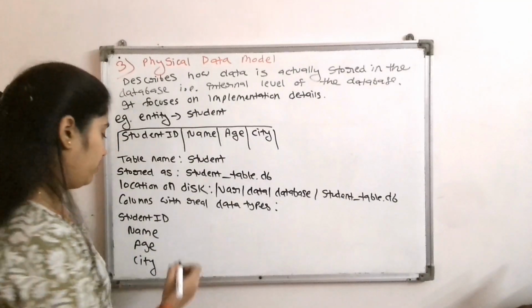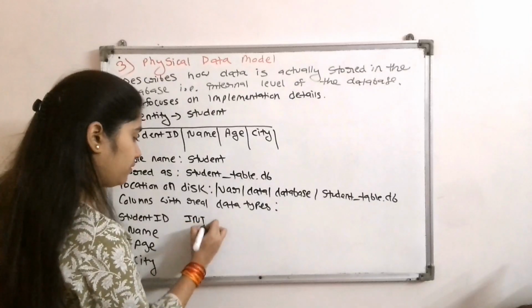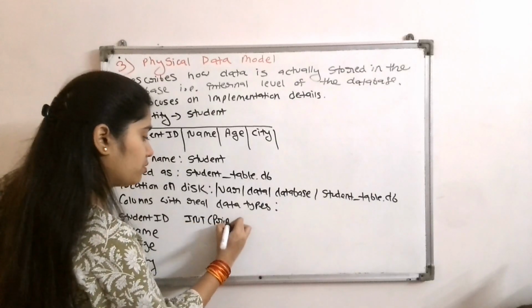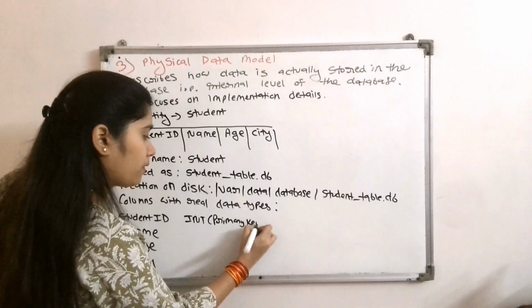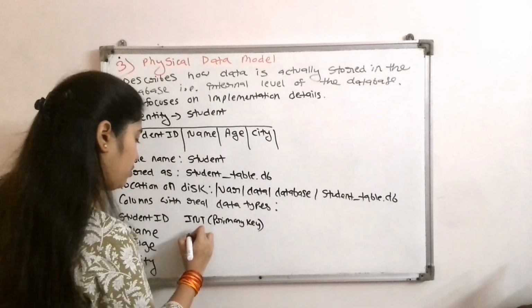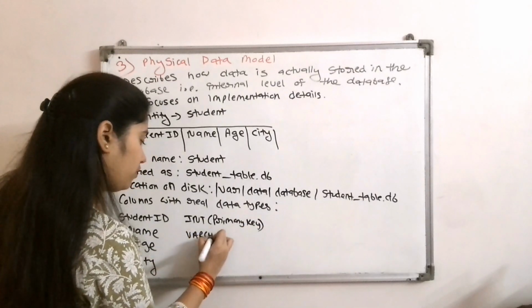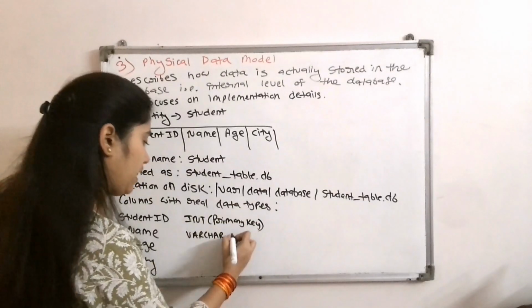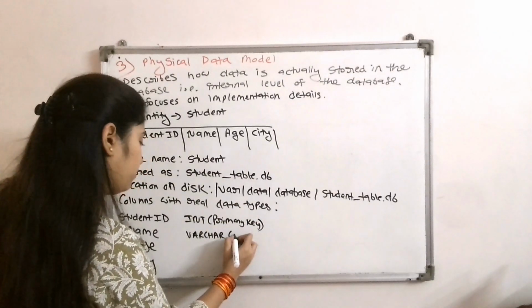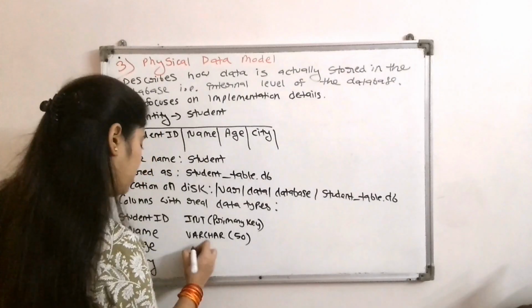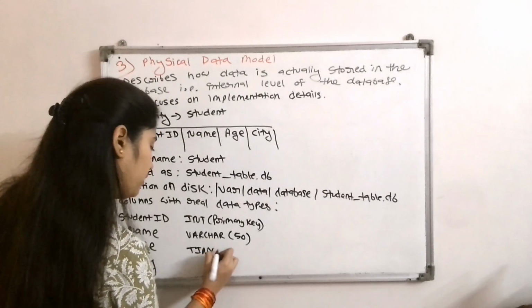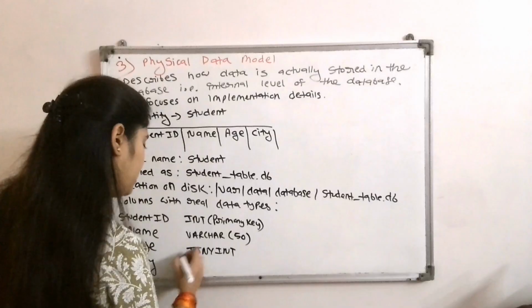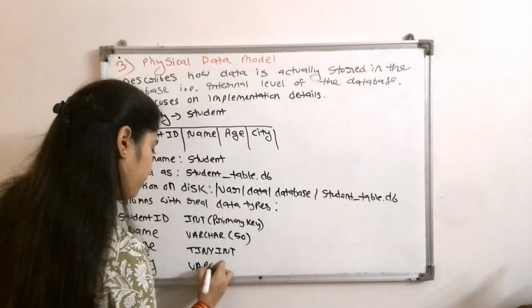Student ID is of int data type, which is the primary key also. And name is of varchar data type with a length of 50, and age is of tinyint data type, and city is again of varchar.